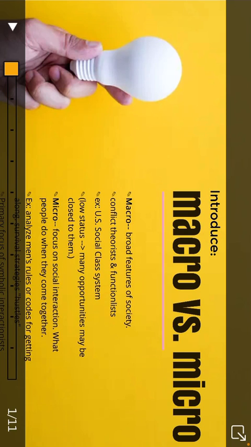Now, on the flip side, microsociology places that emphasis on social interaction, or what people do when they come together, right? So symbolic interactionists use this level of analysis. Both of these are really important, macro and micro, because they yield distinctive perspectives, right?